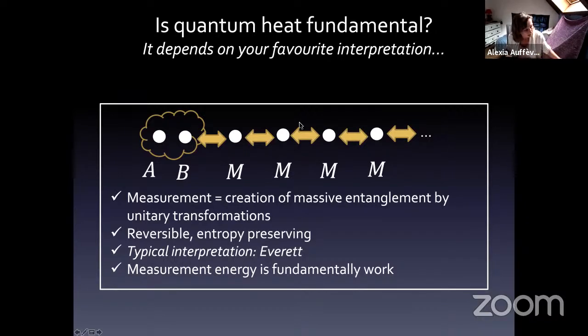If you think in terms of measurement as the creation of a massive entanglement by unitary transformation, which means that your brain is more or less plugged into Everett's interpretation, then you naturally think of measurement as a reversible, entropy-preserving process. And for you, in that case, measurement energy will be fundamentally work.